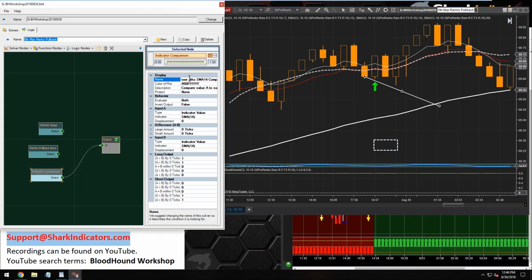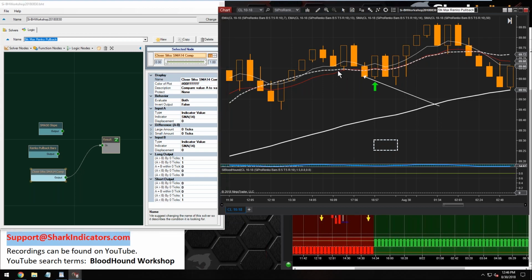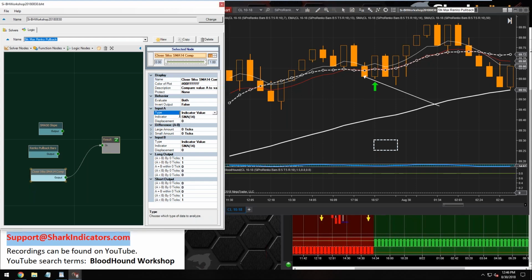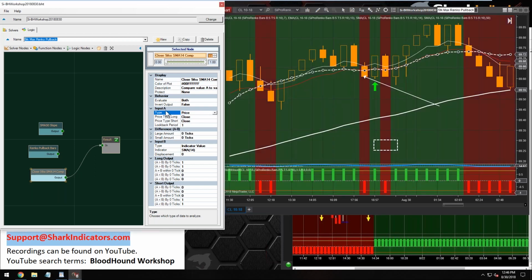So I'm going to check to see if the close of the bar is within 5 ticks of our SMA 14, right? So again, our faster moving average, I just picked an SMA 14 since we don't really know what it is. All right, and let's see, input A, price.